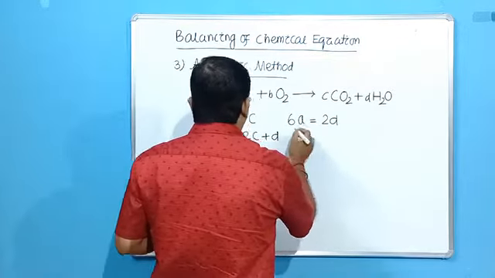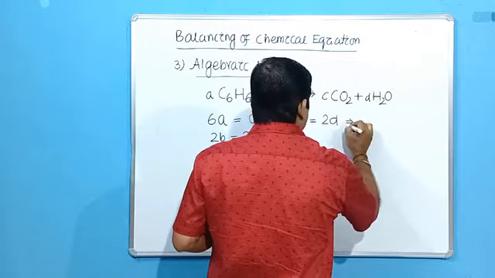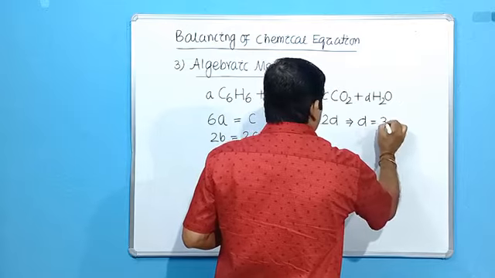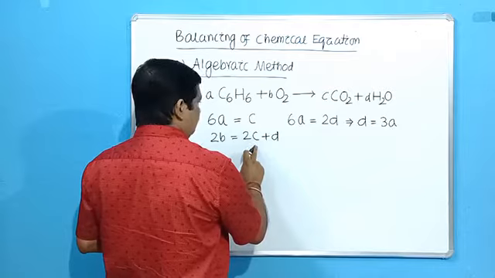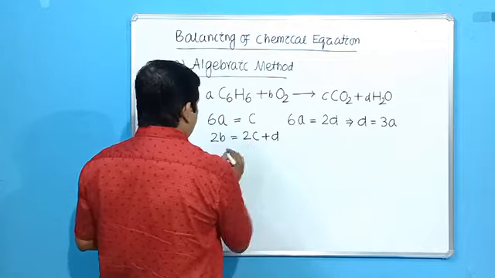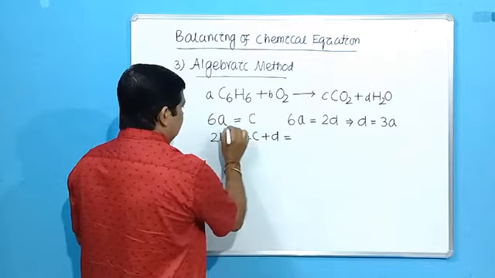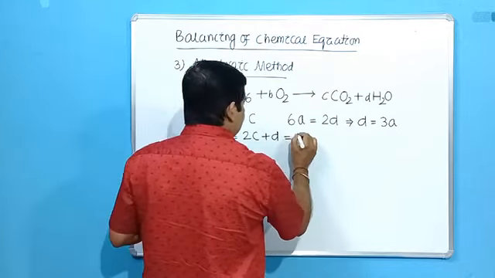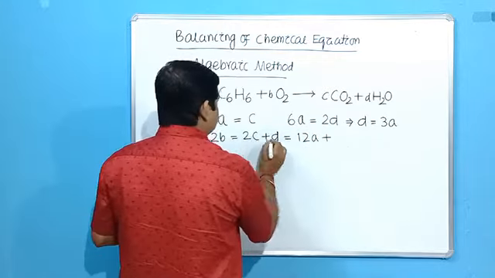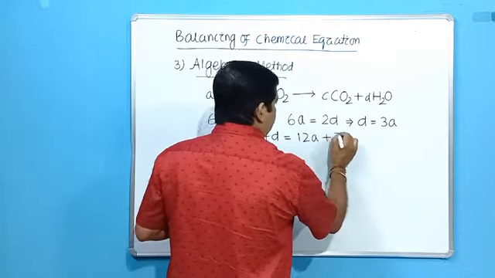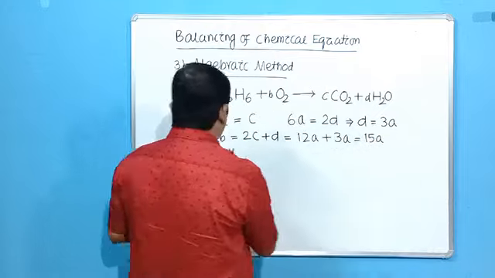So D is equal to 3A, and we will put this value here. 2B is equal to 2C, C is equal to 6A, 2C means 12A plus D is equal to 3A, that means it becomes 15A.